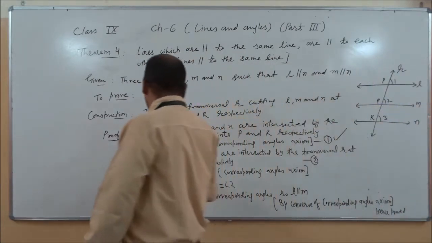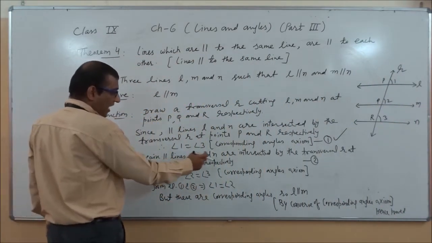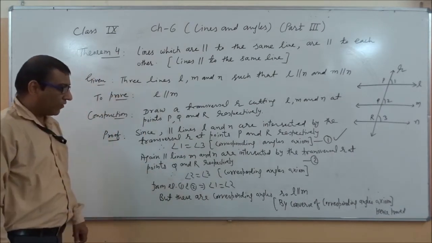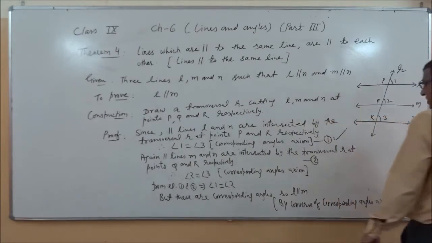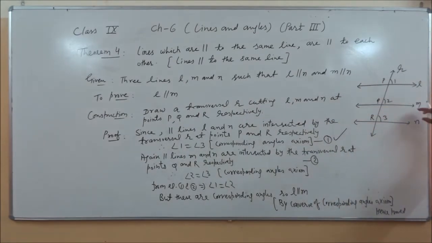Again we will come to the next point. If we see here, again parallel lines M and N are intersected by the transversal r at points Q and R respectively. So again if we see in this diagram, lines M and N are both parallel and both are intersected by a transversal line small r at points Q and R, so we can say angle 2 and angle 3 are also equal due to the corresponding angle property.